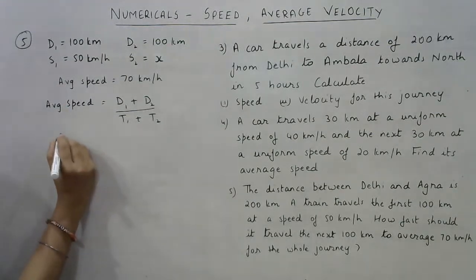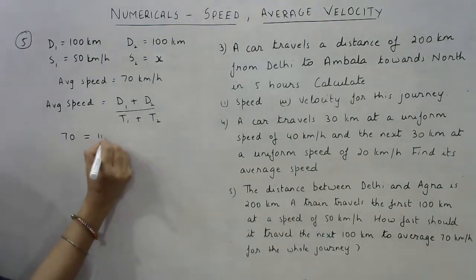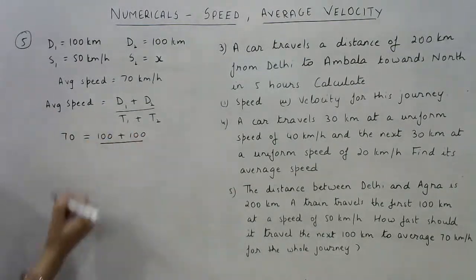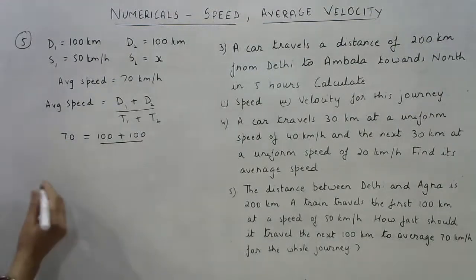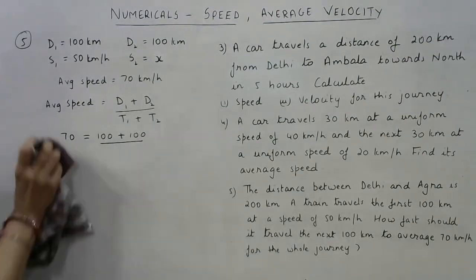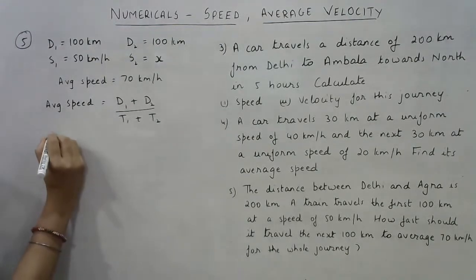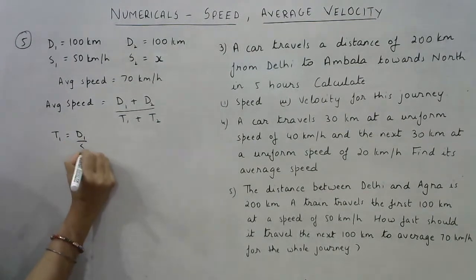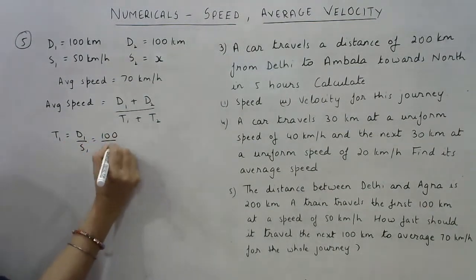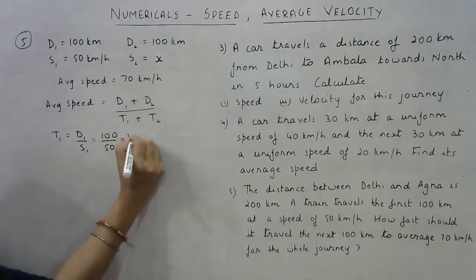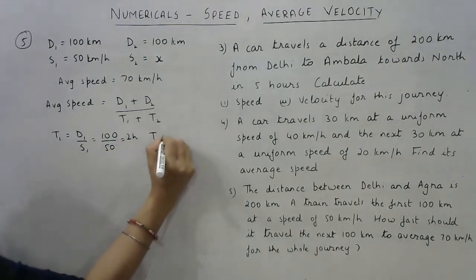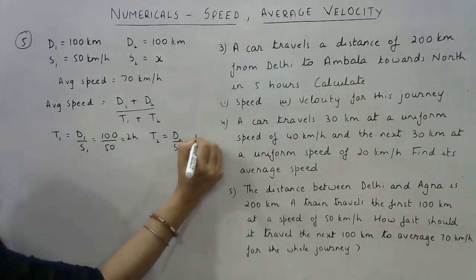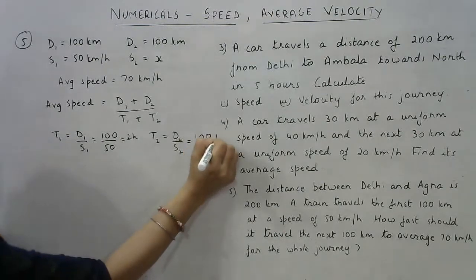The average speed is given to us as 70, D1 is 100, D2 is also 100, and T1 and T2 we don't know. So we need to find out actually what is T1 and T2 before this step. We can take up this step later on. T1 is D1 upon S1, that is 100 upon 50, and that is equal to 2 hours. Similarly, T2 can be D2 upon S2, that is equal to 100 upon X hours, right?